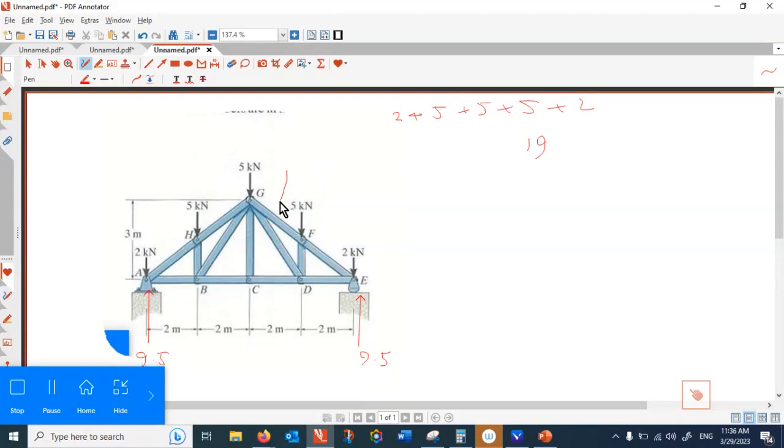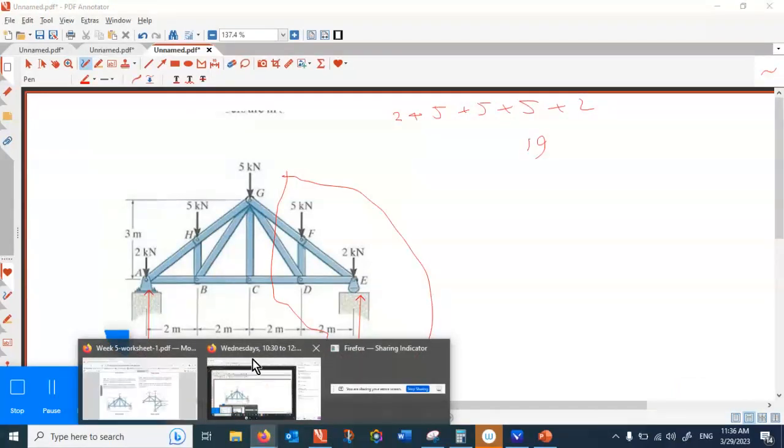And then once you make that free body diagram, you get, sorry? Say it again. On the left, we have to cut it here.